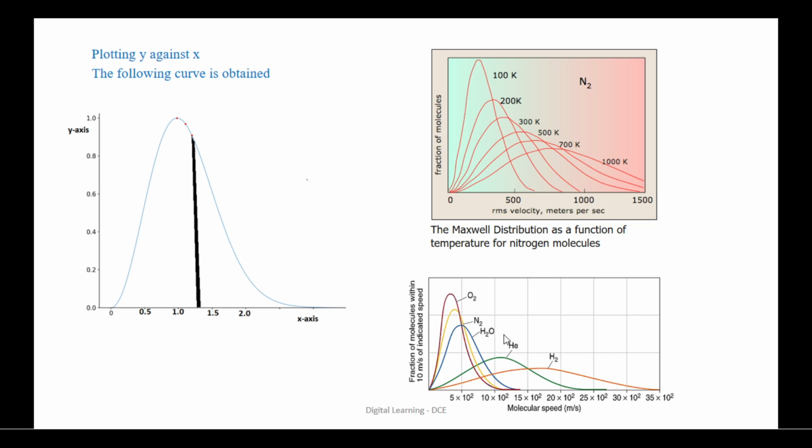Therefore, heavier molecules will have a smaller velocity distribution curve, but for lighter molecules the velocity distribution curve is flattened, or the velocity distribution is more, meaning lighter molecules move with high speed.